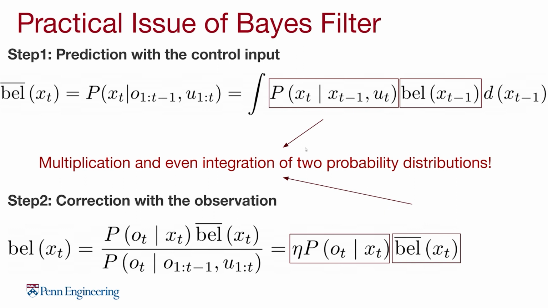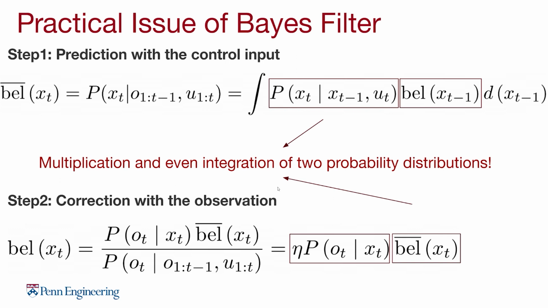So let's assume that we have a very complicated distribution, and so we will have a complicated probability density function. In this case, this equation can be intractable, because every time you multiply and integrate two probability distributions, you will make this PDF more and more complicated, and you may not have a stable analytic solution.